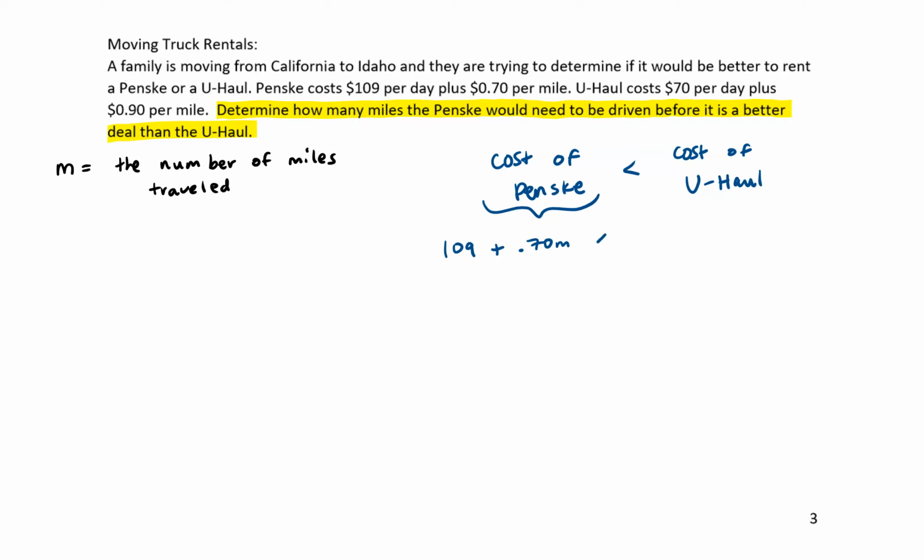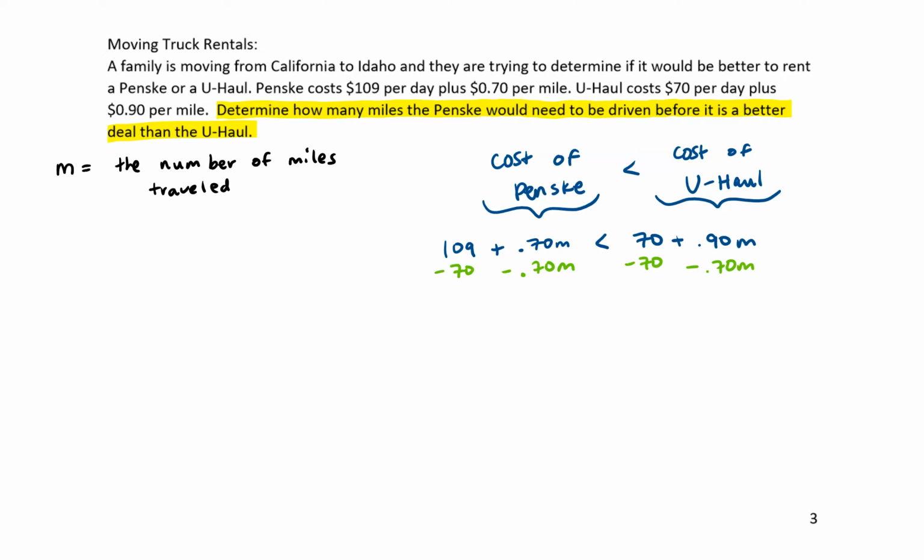And then we want that to be less than the cost of the U-Haul, which would be $70 plus 90 cents per mile, 0.90m. So now that we have our inequality set up, we can start solving. I want to get all the terms with a variable on one side of the inequality, and anything that doesn't have a variable on the other.